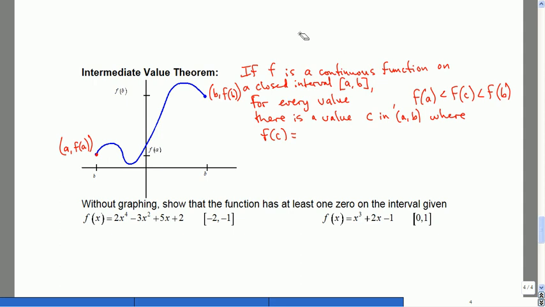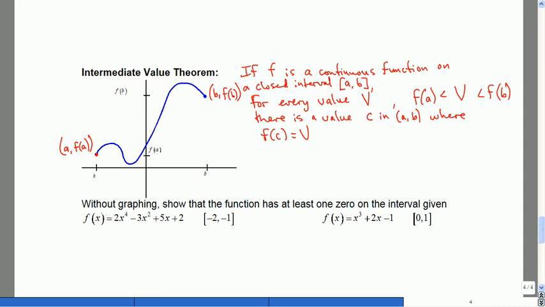Instead of f of c, probably be easier to write this down. Let's call it v for value. That'll work. So let's just say that you have some value in between f of a and f of b. Then it must be somewhere in the interval.